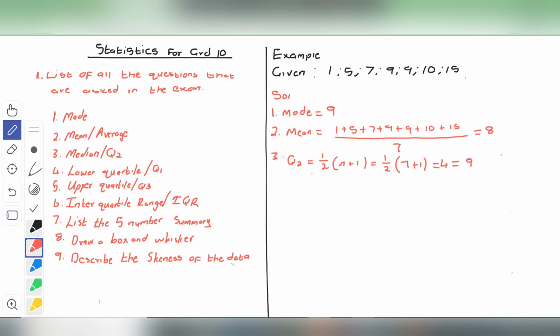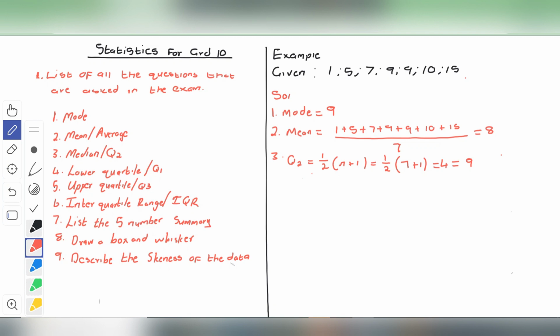So let me repeat it again so that you can understand. This formula of 1 over 2 into n plus 1 is the navigator, whereby it directs you to where you're going to find your median. After using this formula, we found that our answer is 4.